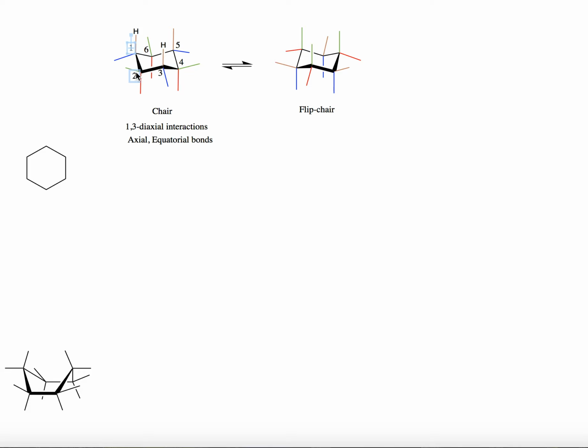Now let's assign numbers to the flip chair too. Carbon 1 in the flip chair is here. Carbon 2 in the flip chair is here. Carbon 3 in the flip chair is here.